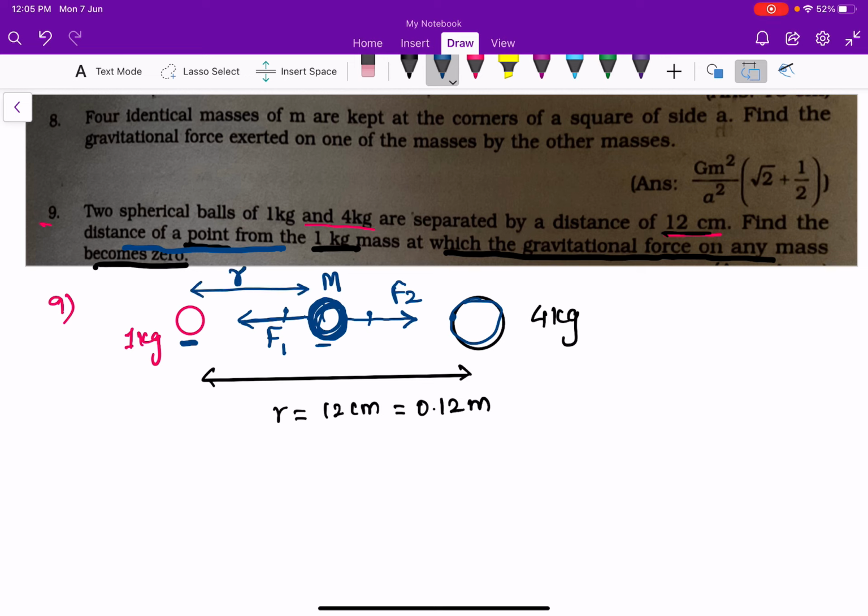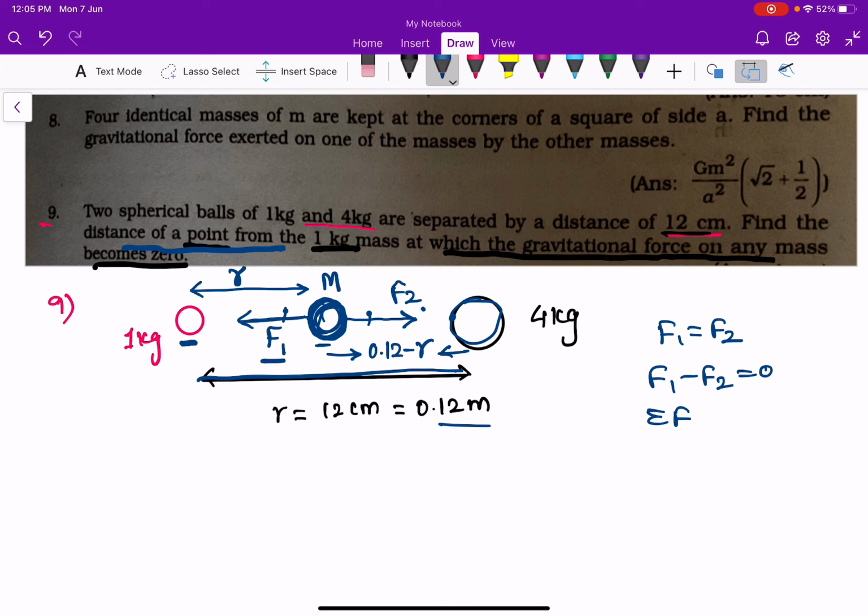Consider this is R distance from the 1 kg mass. The total distance is 0.12 meters, so this distance is 0.12 minus R. When the net force is 0, F1 and F2 are the same, so F1 minus F2 is equal to 0.